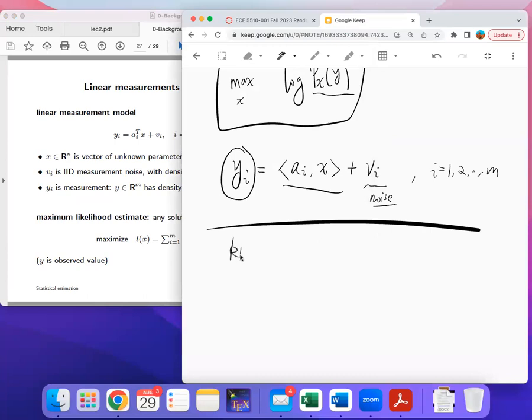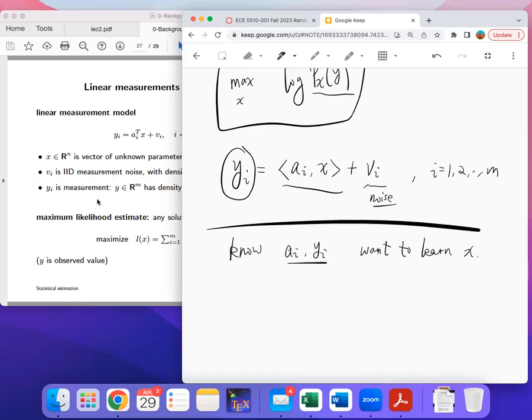We know these two, and we want to infer, want to learn X. Right. I want to recover the object, for example, in the MRI scan.